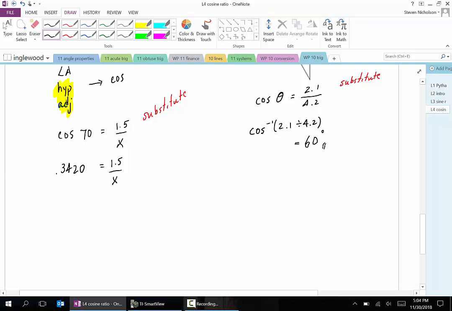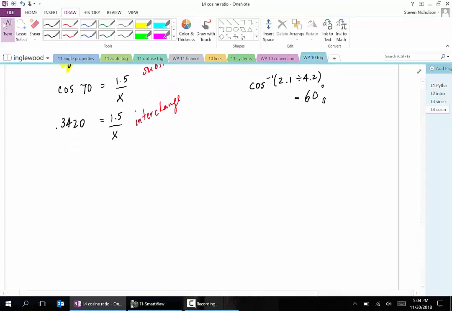Remember, a number in our calculator. And when we have the unknown on the bottom, this is when we interchange. This is the other type of equation we need to be able to solve. So as soon as we interchange, then we can go ahead and do our calculator. And when we do that on our calculator, we get 4.4.